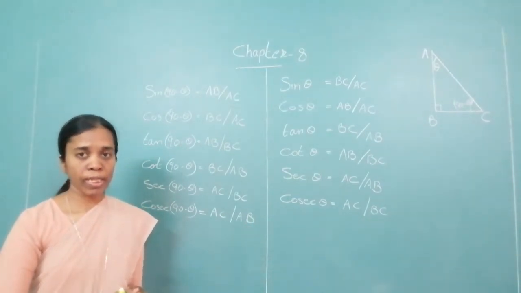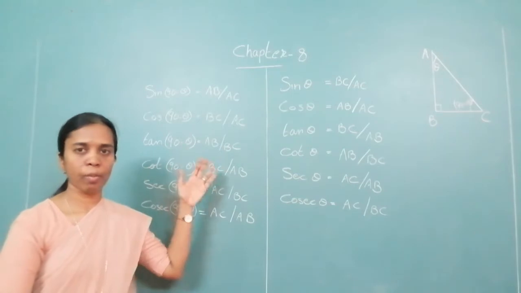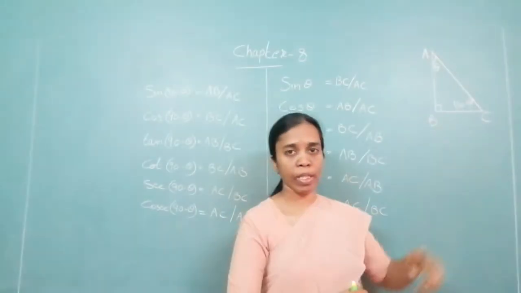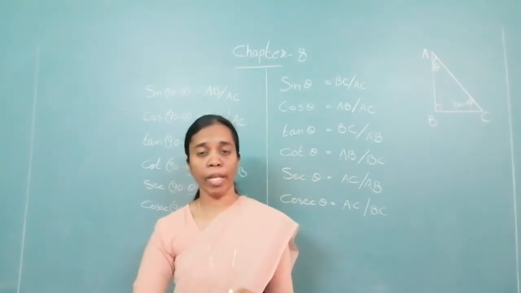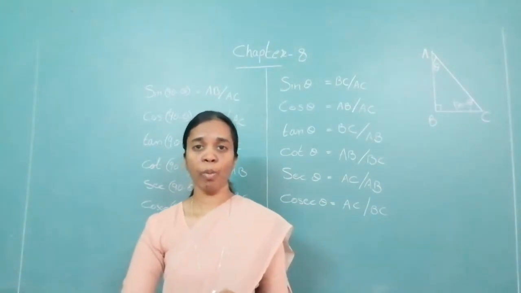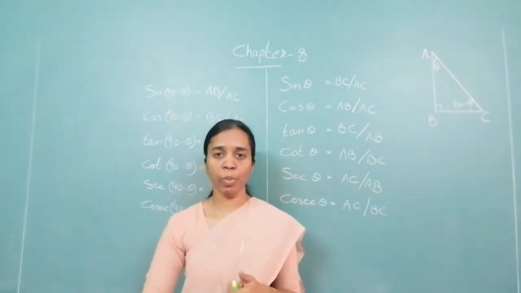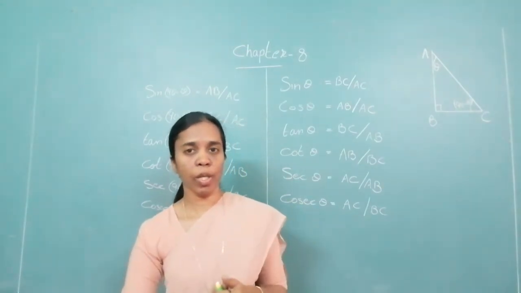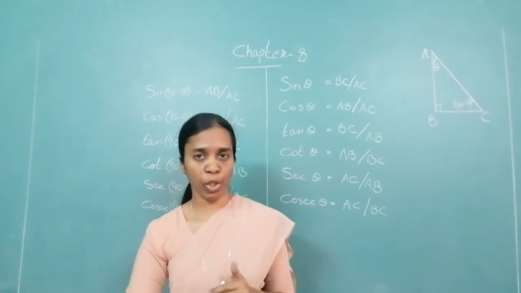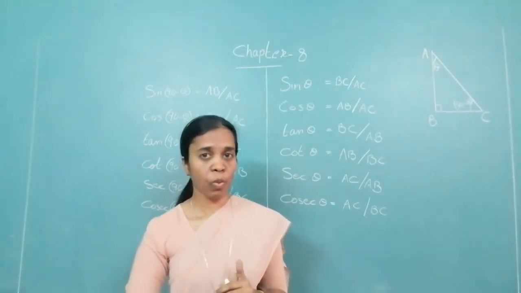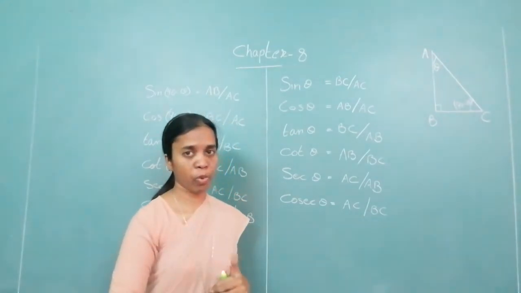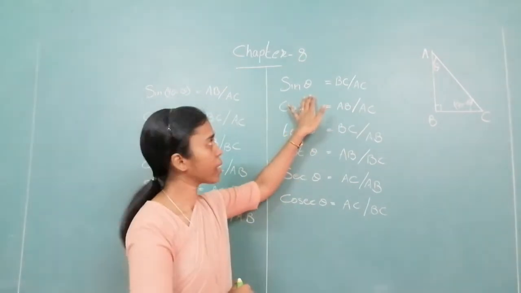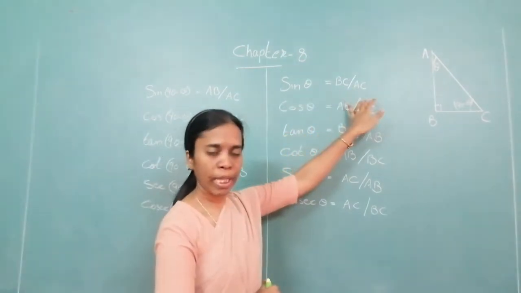Now there is some relationship among them also. Since you have written theta and 90 minus theta, do you remember complementary angles? When we speak of complementary angles, the measures of two angles should add up to 90 degrees. And here these ratios are called complementary ratios. Now what is the relationship over here? Look at sine theta, BC upon AC.